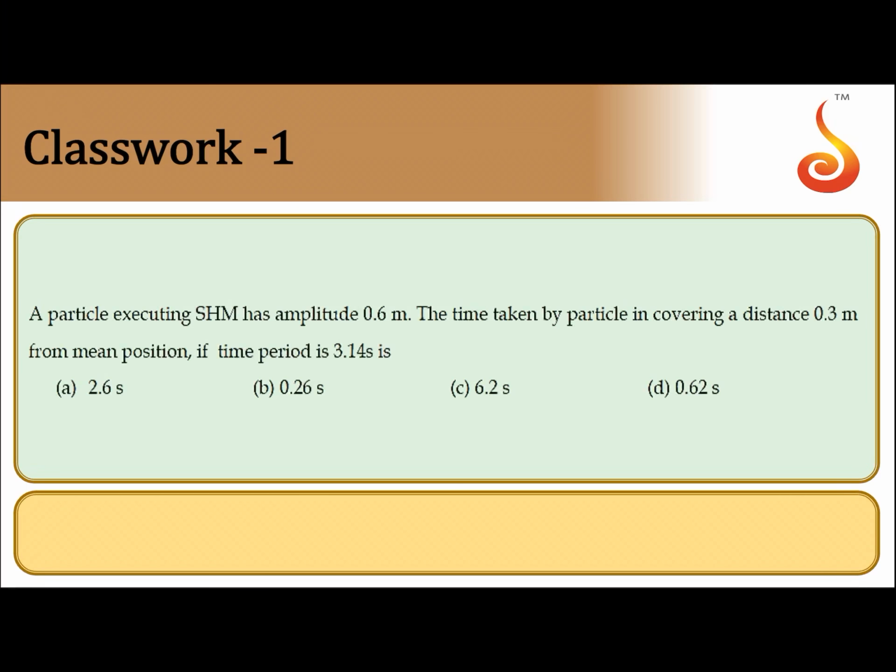First one, a particle executing simple harmonic motion of amplitude 0.6 meter, amplitude is given. The time taken by the particle in covering a distance of 0.3 meter from the mean position, if the time period is 3.14 seconds, is. So you need to calculate the time taken for the particle to cover a distance of 0.3 meter from the mean position.